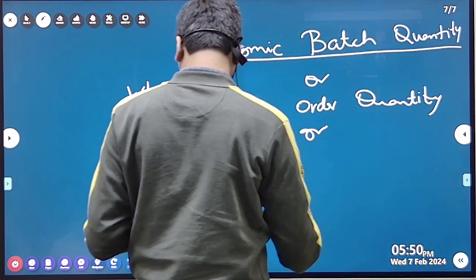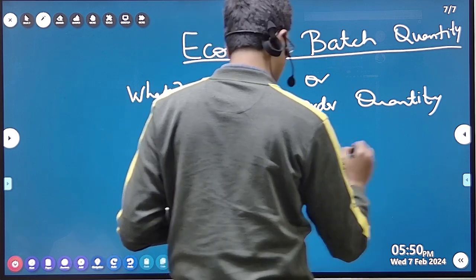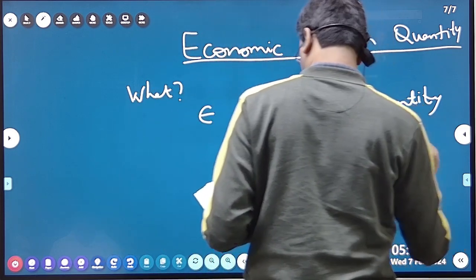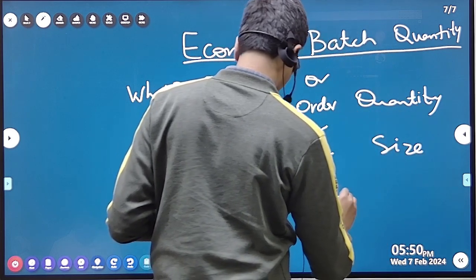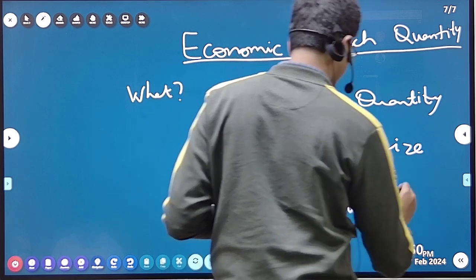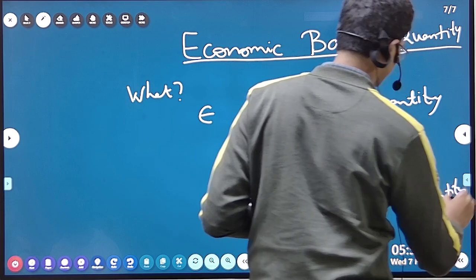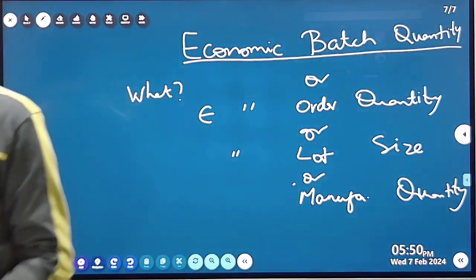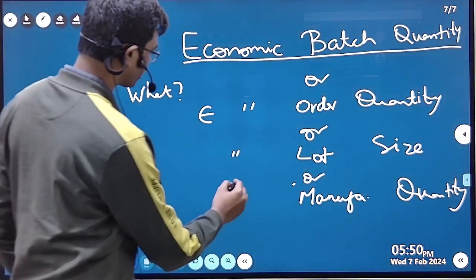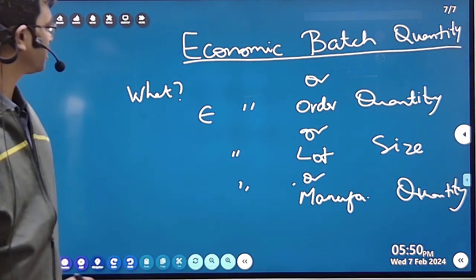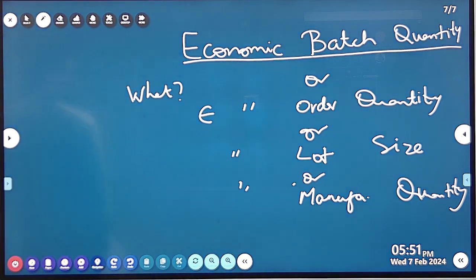Or economic lot size, or economic manufacturing quantity. All of these are the same. They just interchange the name and use it, but all of this is the same. Okay, so now what is economic order quantity or batch quantity?